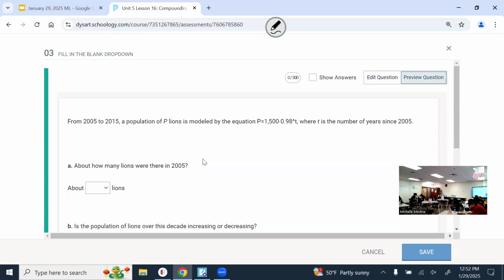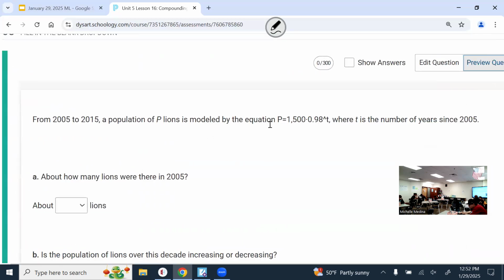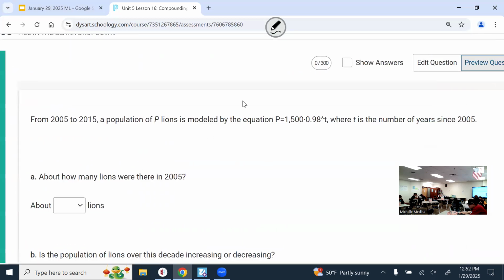So how many were there in 2005? That I can do without doing any math based on what we've talked about before. However, you could also just do the math to be on the safe side. If t is years since 2005, how many years since 2005 is 2005?